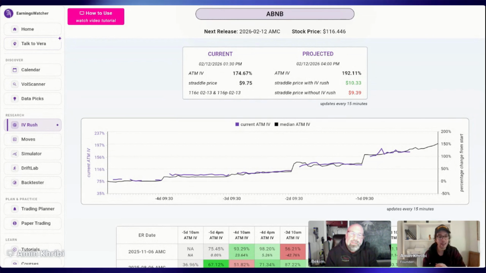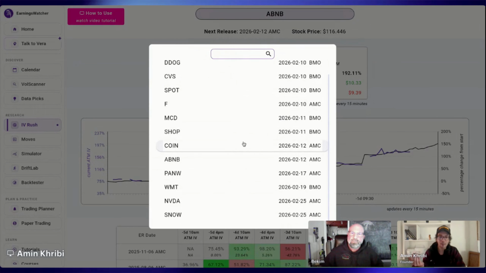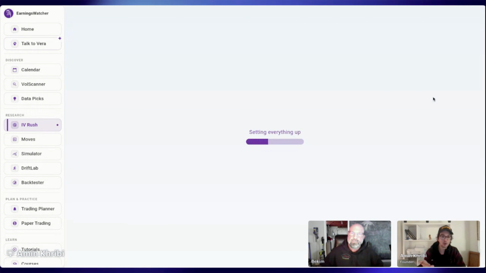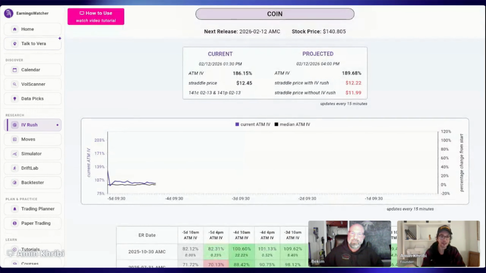Now, on top, you can say, given the historic modeling of IV, here Airbnb is showing, as you can see, the black curve is showing an expansion there. So there's potentially room for IV to rise, and so to make the straddle profitable. Let's look at another name where it's not necessarily the case. So Coinbase, that's also releasing tomorrow.